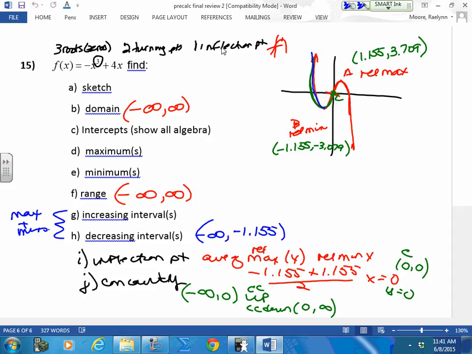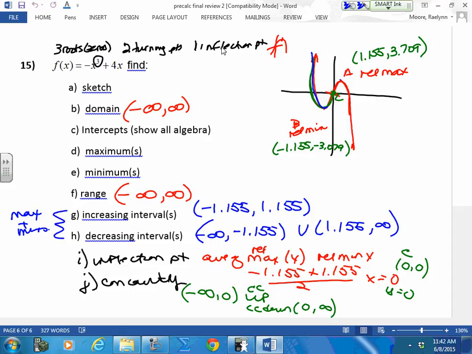Then from this x value to this x value, I'm on my roller coaster, increasing. Then I'm at this point on my roller coaster, decreasing. Good?